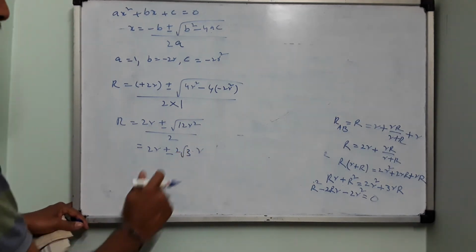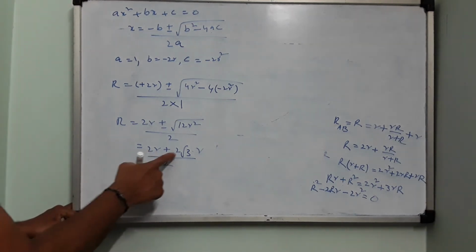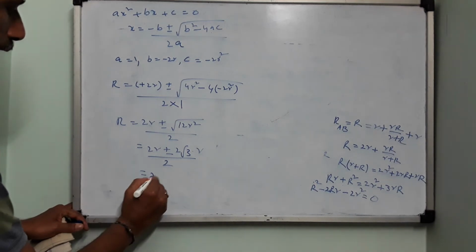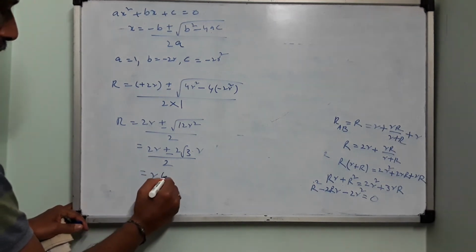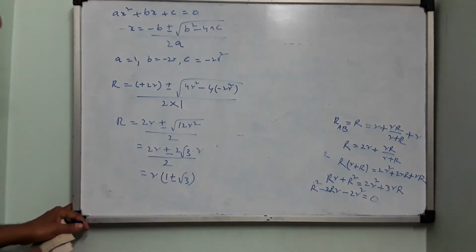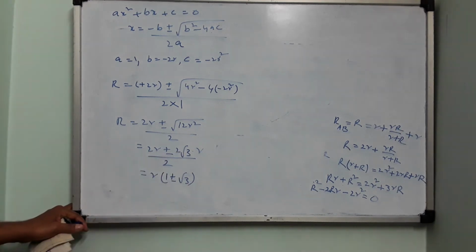So R is coming out as 2R plus or minus 2 root 3 R, whole divided by 2. Here 2 is there, here 2 is there, this 2 will cancel with this. You take R common, so you have 1 plus or minus root 3.